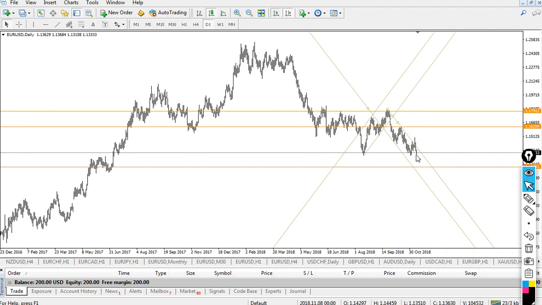We have a part here. If market goes down and then market moves, like if we see in the past, there is a consolidation, right?